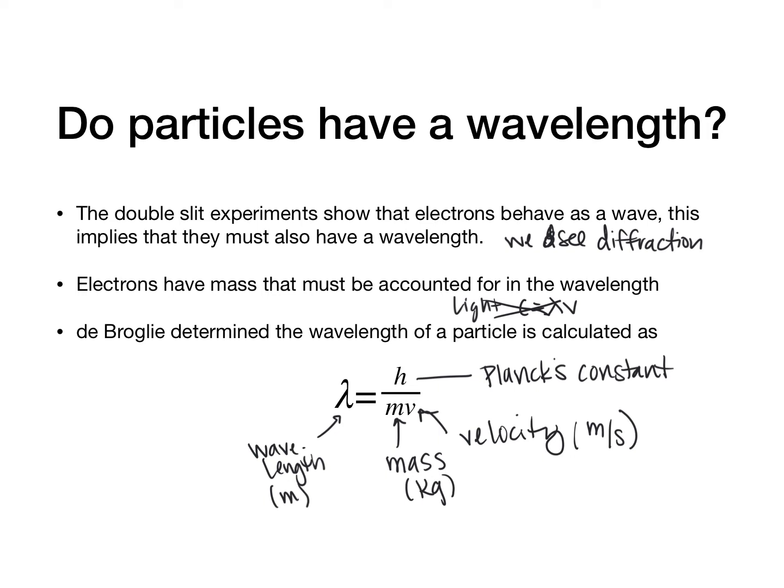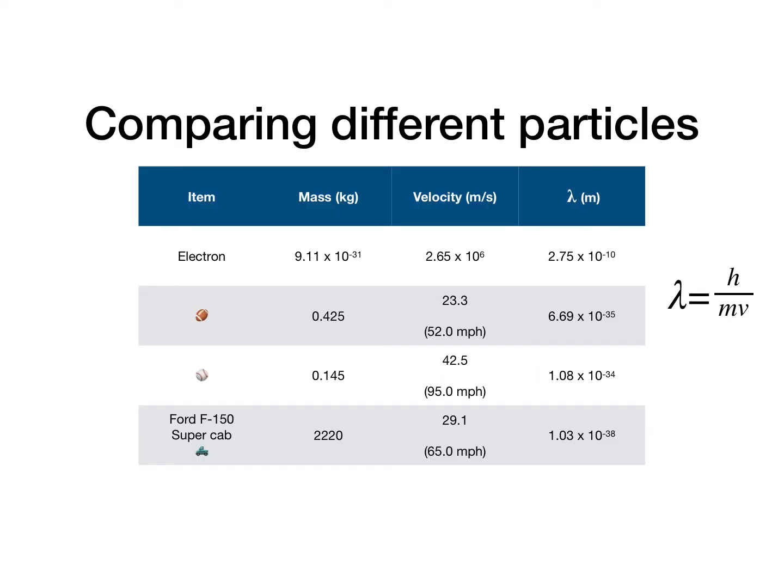De Broglie also states that all particles have a wavelength. So let's look at the different wavelengths of several of these. If we look at an electron, it has a mass of 9.11 times 10 to the negative 31. It has a quite fast velocity of 2.65 times 10 to the 6 meters per second.